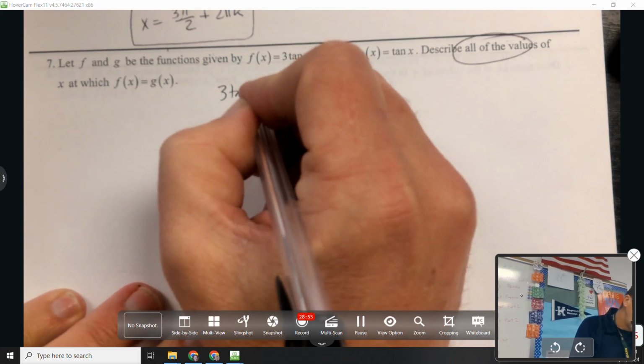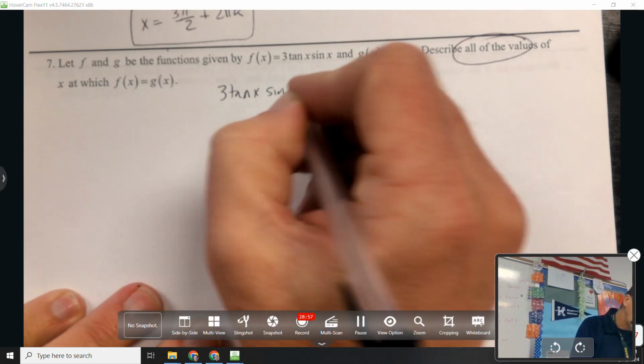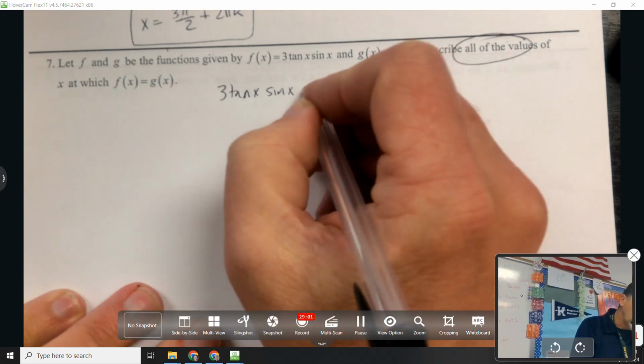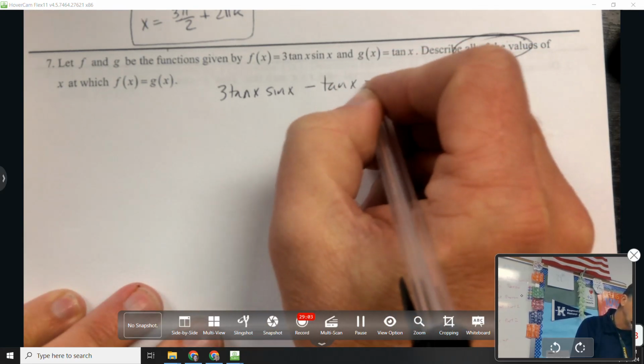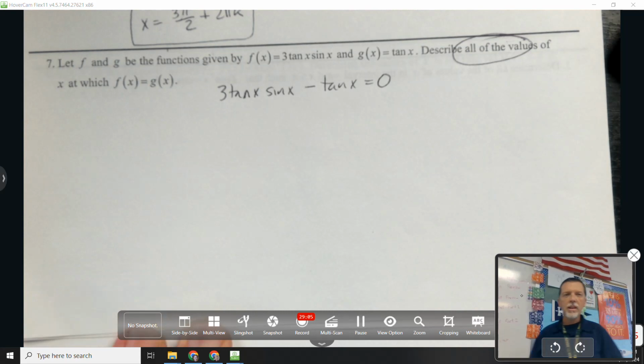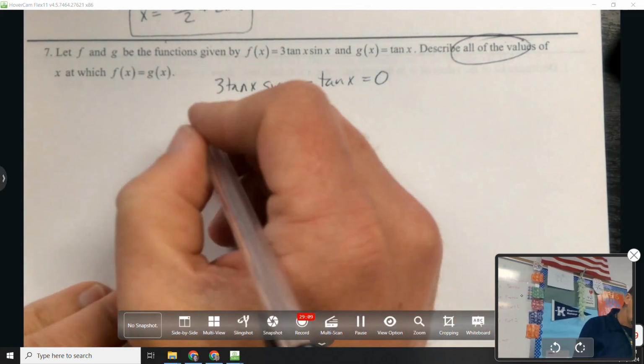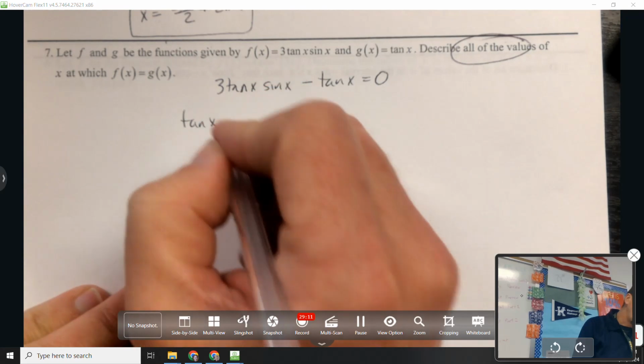3 tangent of x sine of x equals tangent of x, so I'm going to move the tangent of x over, make it equal to 0. Factor out the tangent of x.